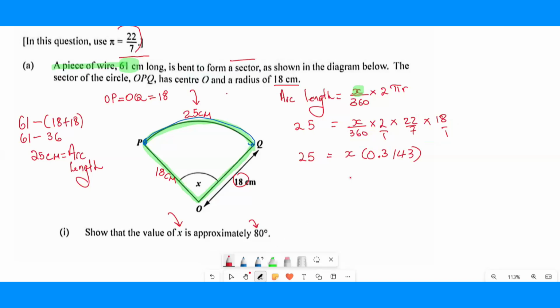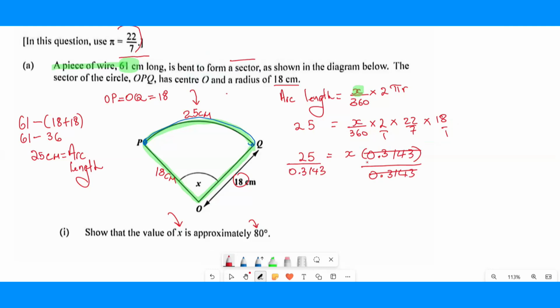So let us now divide both sides by 0.3143. And at the end of this, we should get a value very close to 80. All right, it's not going to be exactly 80 because we are going to be rounding off.